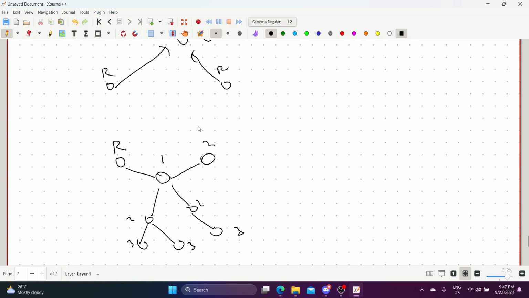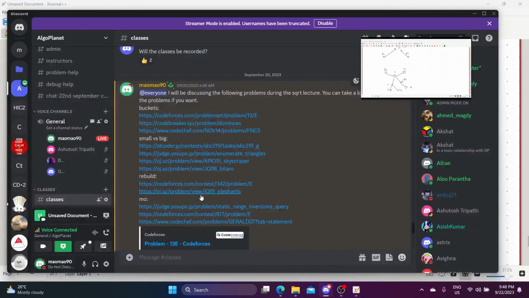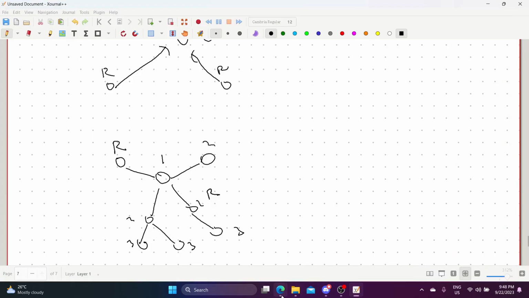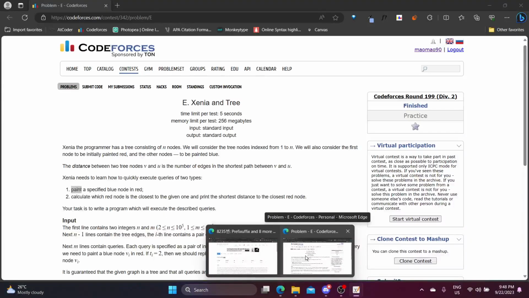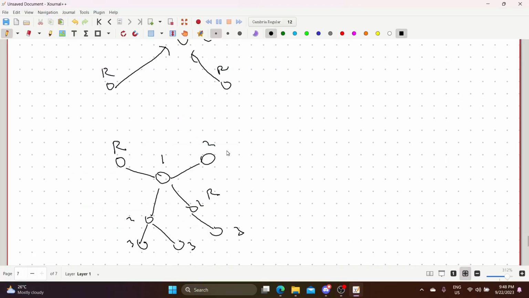When you have a new red vertex, you update with the new minimum.